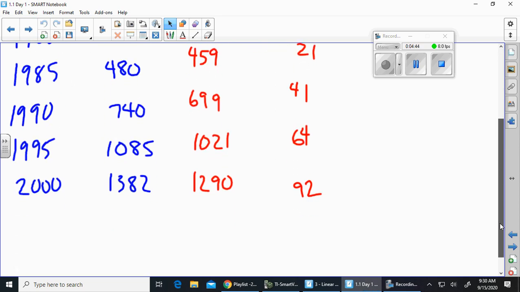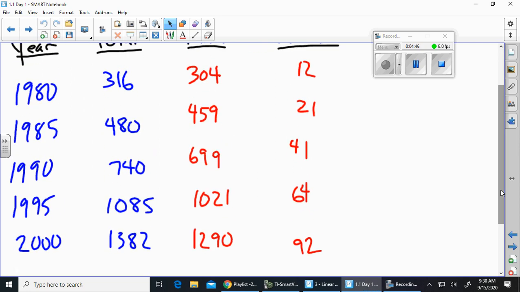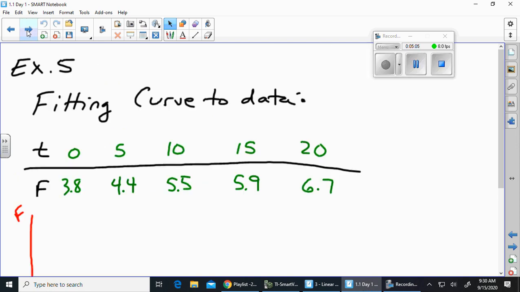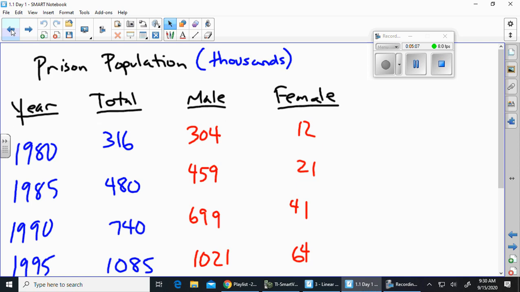You could look at this and tell me, hey, males are more than females. Males is going up, females is going up. Total is going up. So that's general ideas about this data.